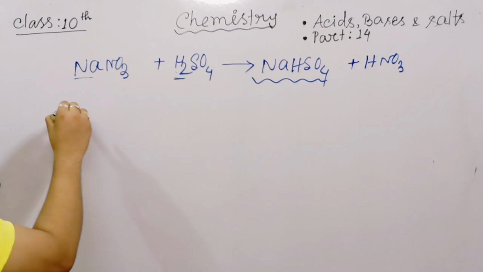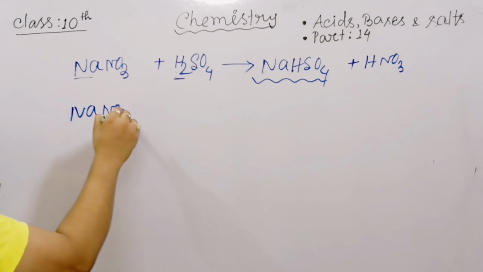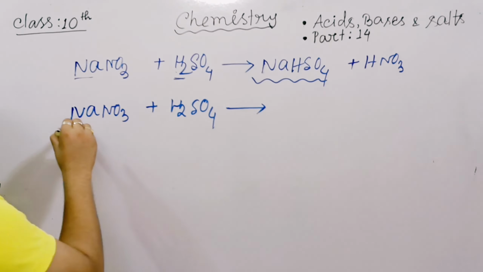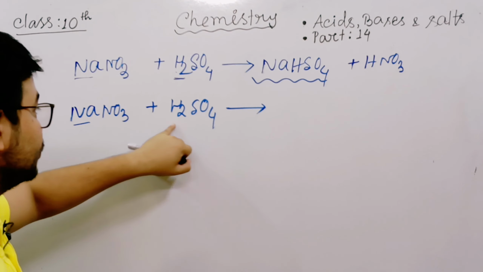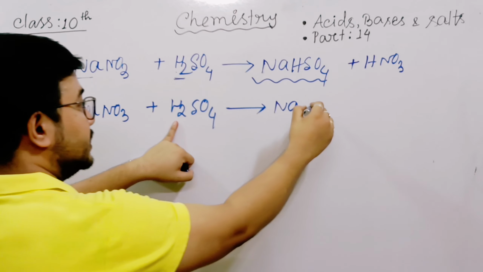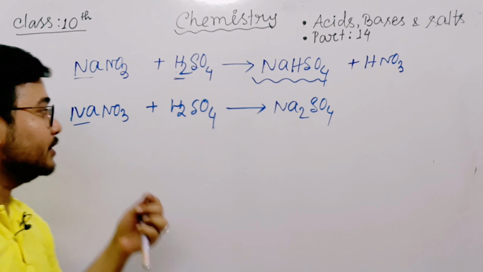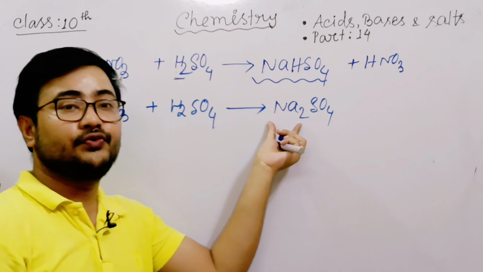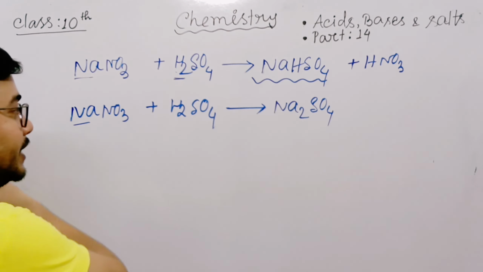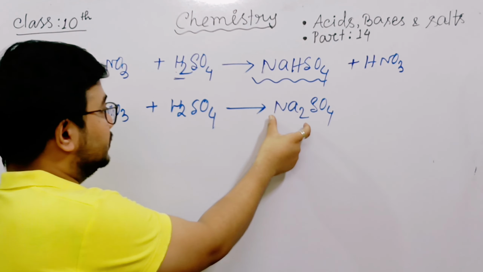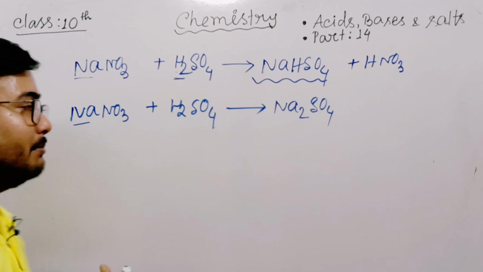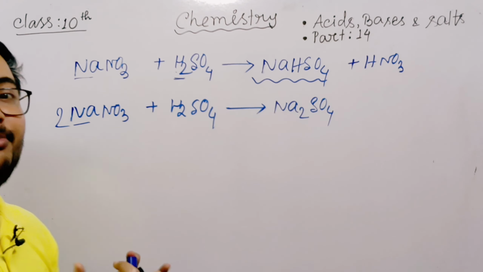Now give focus here. Again NaNO3 reacts with sulfuric acid, but here sodium displaces both of the hydrogens, that is 2 hydrogens, so Na2SO4. Now you can ask, sir, here only 1 sodium, how is it possible to form Na2? Don't consider the number at first. If you put 2 here, then it is called a balanced equation.